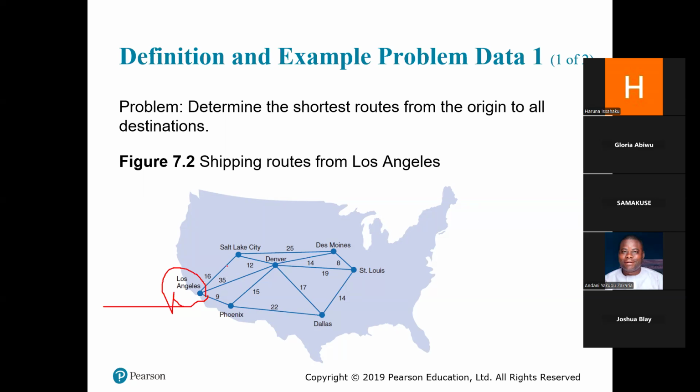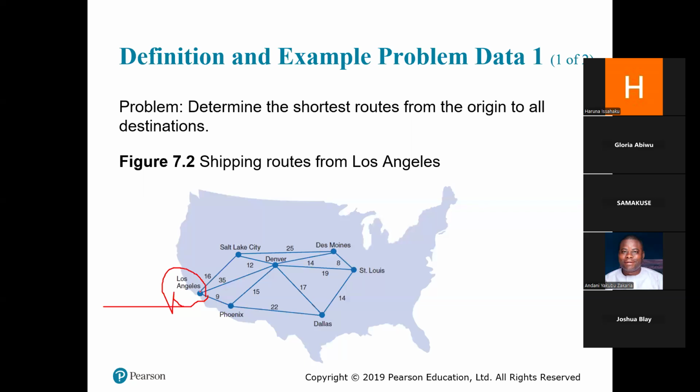Our aim is to ship the oranges to these cities, but there are several roads that lead to each single city.